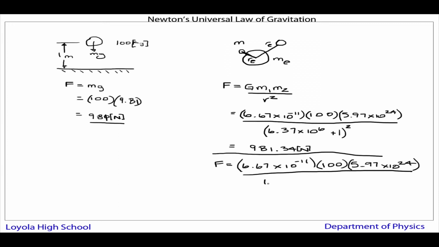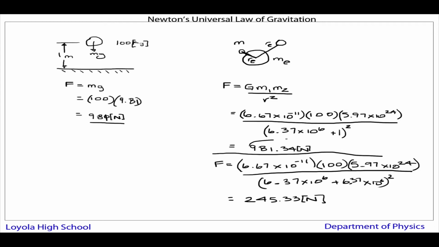It's 6.37 times 10 to the 6. And then I'm going to move it another Earth radius, 6.37 times 10 to the 6, quantity squared. And if you do this, you get 245.33 newtons.